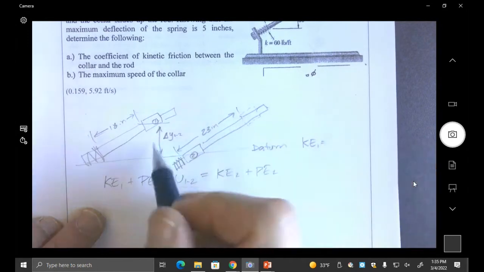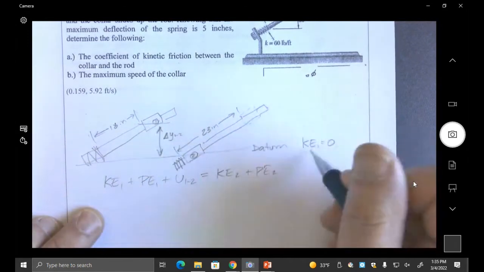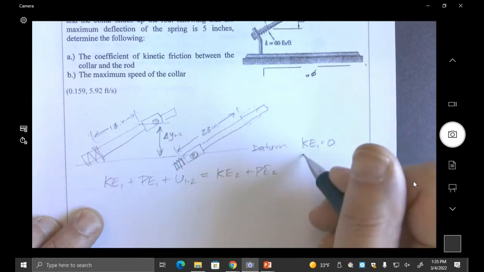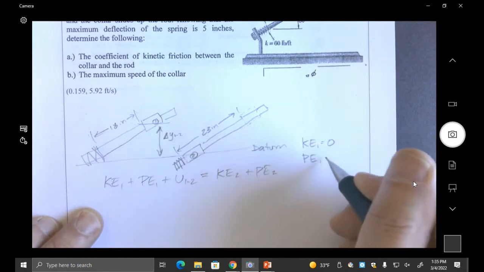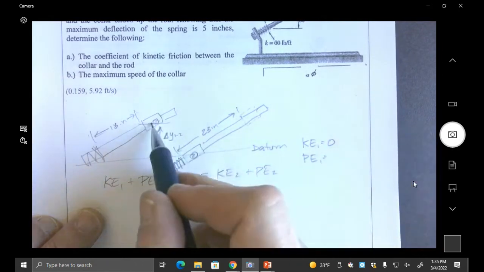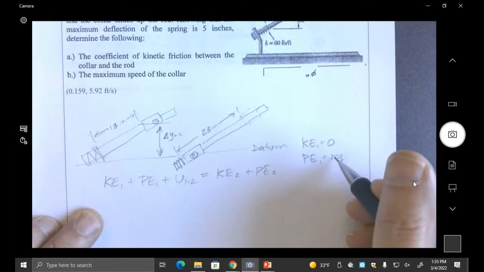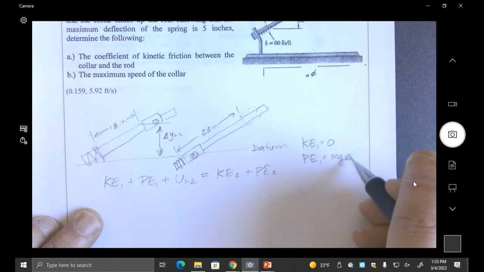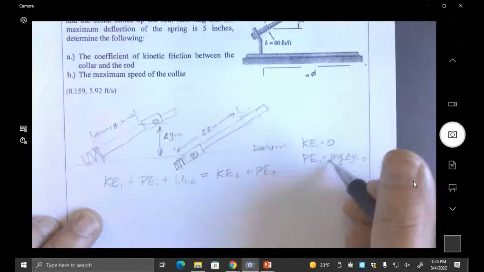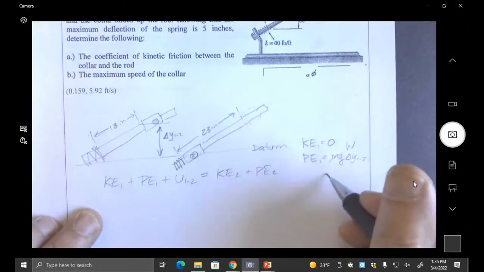So at start right here, it starts from rest, so the kinetic energy is 0. Potential energy at state 1 is going to be its gravitational. I could write mg, but I could also write weight, so I could just go W if I want to.